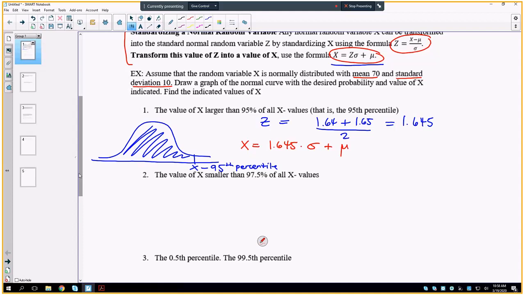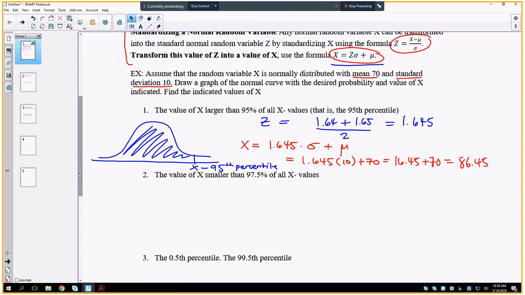So that's 1.645 times 10 plus 70, which is equal to 16.45 plus 70, and that's equal to 86.45, which answers my question. So I can say that the x value for this normally distributed random variable that is larger than 95% of all the others is 86.45.